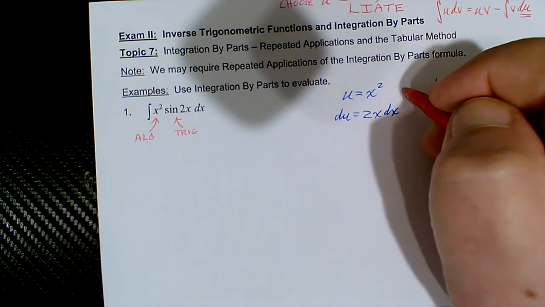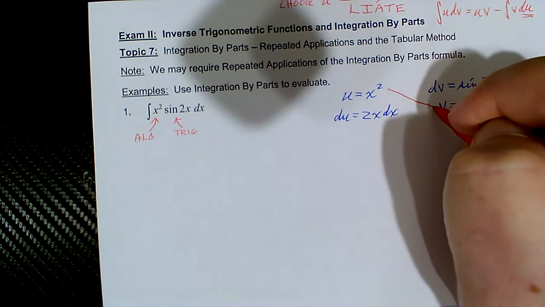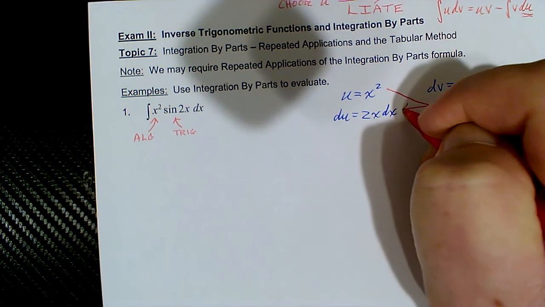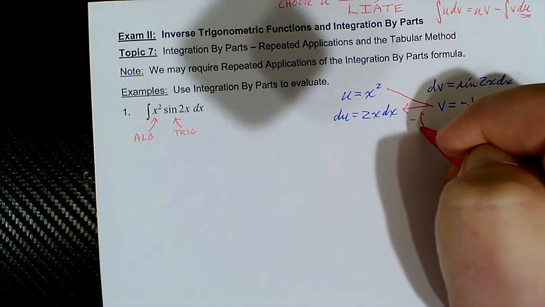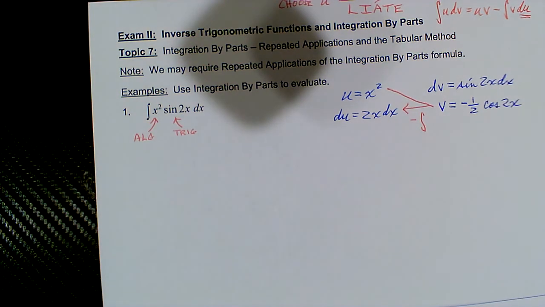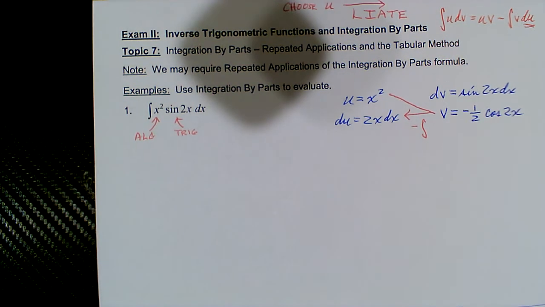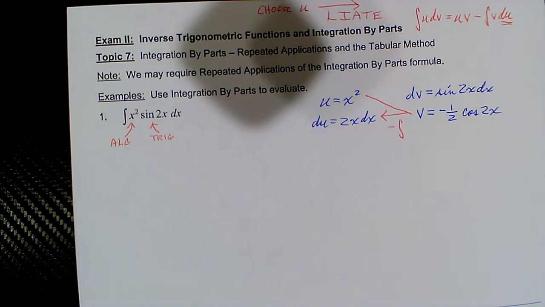And we apply the integration by parts formula. The diagonal gives us u times v, and then minus the integral of the product of the horizontal gives us minus the integral of v du.